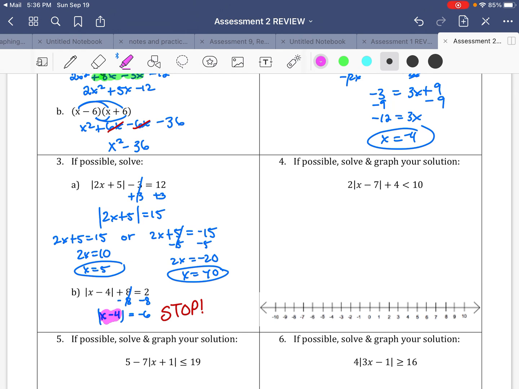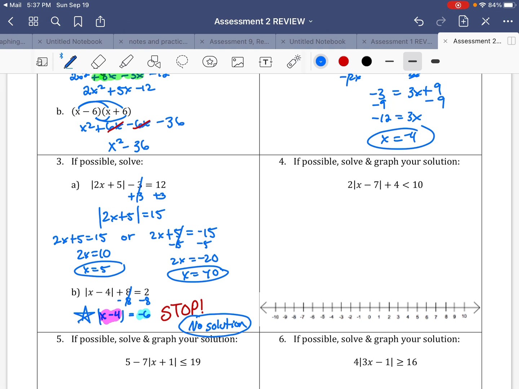Whatever comes out of here has to be positive because of the absolute value bars. And when does that equal a negative 6? Never, because it's supposed to be positive. So there is no solution to this. And if you keep solving it, nobody's going to know, you're going to get an answer, but you're supposed to stop because there is no answer, because the original question has no answer.